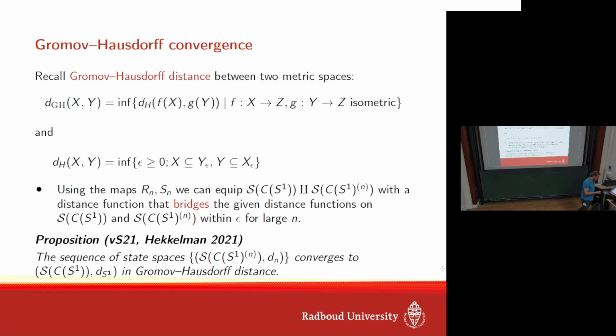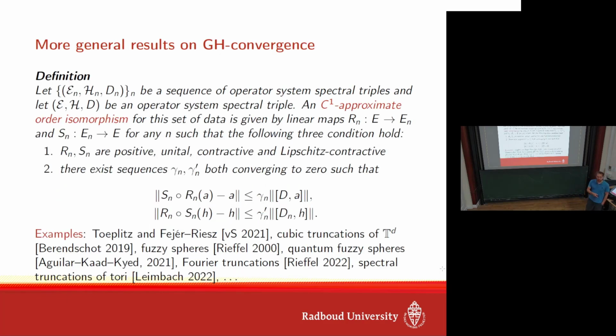And it's actually a nice illustration of all kinds of possible sequences that converge to this object. Okay, here's a general thing which is mainly for Malte to pick up later today. There's the general principle of C1 approximate order isomorphism, which is that these maps that go back and forth, positive and so on, should satisfy Lipschitz contractivity, so that you control with Lipschitz, and there's this approximate inverse also controlled by Lipschitz. And the examples that fit in this framework are what I just said: cubic truncations of Fejér-Riesz, which is like doing Fourier theory on a torus, but you just take box truncations.